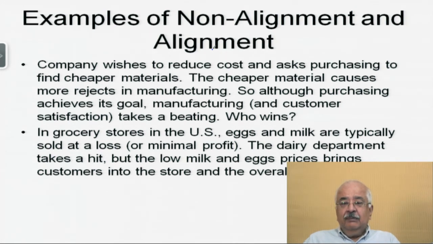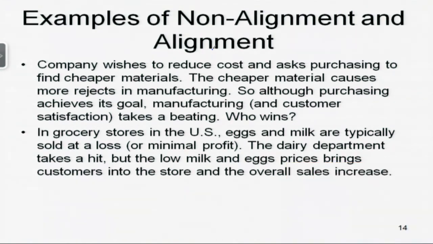Is it the company, is it purchasing, or is it manufacturing? And if purchasing wins but the company goes down, who wins in that case? Okay, so it's sort of a no-win situation unless we understand that we are dealing with systems and we are not dealing with individual entities such as purchasing and manufacturing who have their own existence.